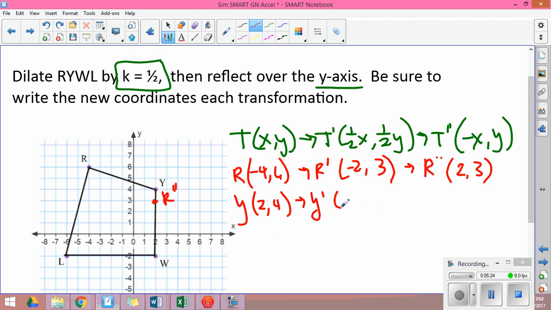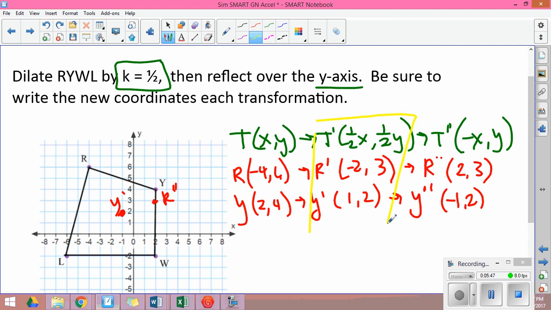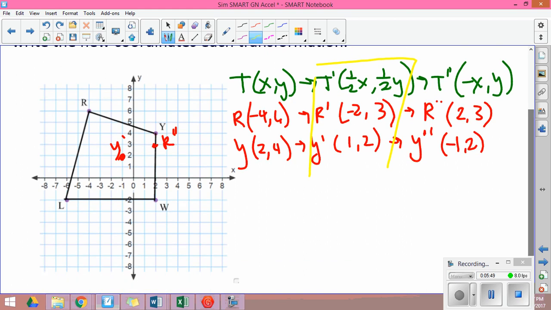So Y prime is at (1, 2). And Y double prime is going to be at (-1, 2). So you're seeing the shrinking and the flipping. You could, if you wanted, graph this middle step and then do it again, or you can skip that.